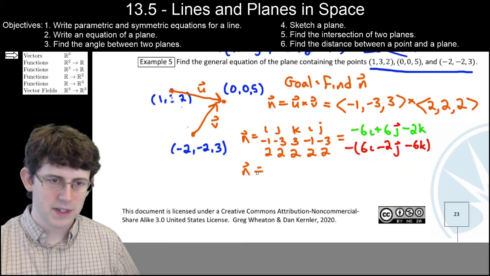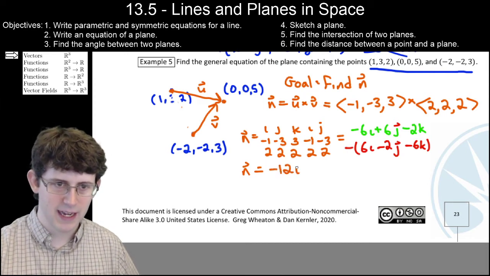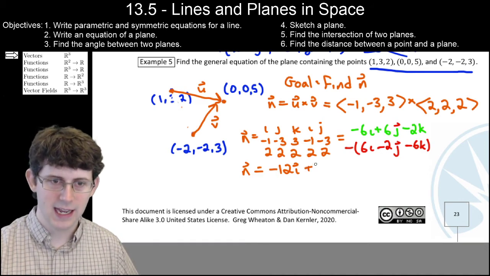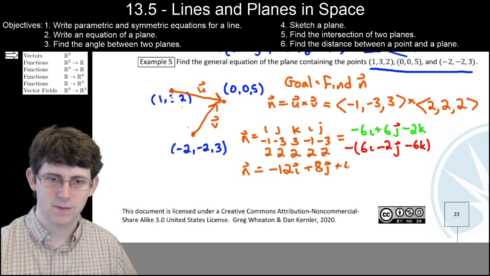So in total, what's my normal vector? My normal vector is -6 minus 6i, so that's -12i. 6 minus -2, that's 8j. And -2 plus 6, that's 4k.